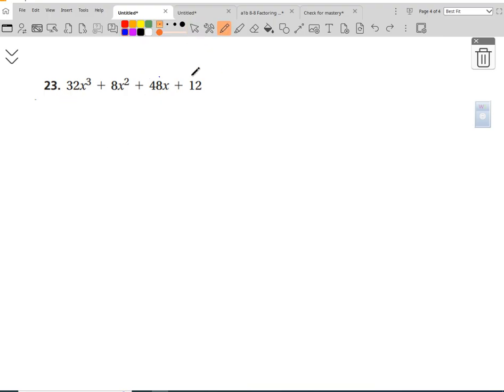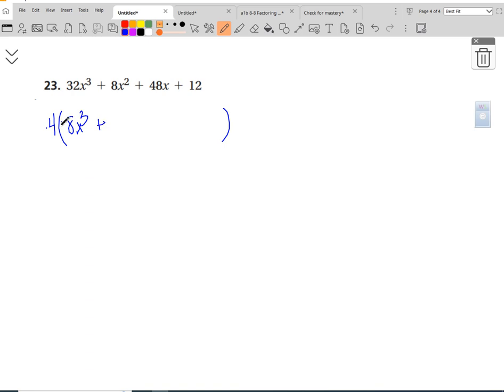Is there anything we can take out of all 4 terms? Hint, hint, yes there is this time. Say again? Yes, for this. Not an x, because this one doesn't have an x. Our greatest common factor is going to be 4. So we're going to rewrite it. 4 times 8x cubed would be 32x cubed.